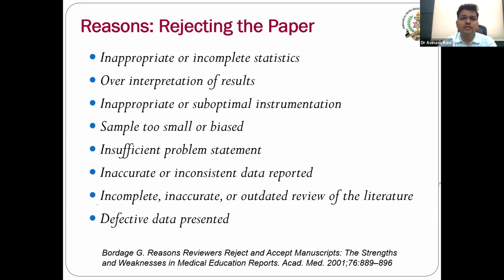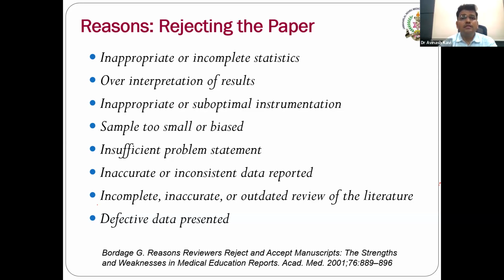These are some of the reasons which we can quote. It can be inappropriate or incomplete statistics, over-interpretation of the results, inappropriate or suboptimal instrumentation, sample size not adequate or biased, insufficient problem statement, inaccurate or inconsistent data being reported, incomplete, inaccurate or outdated review of literature, and defective data being presented.